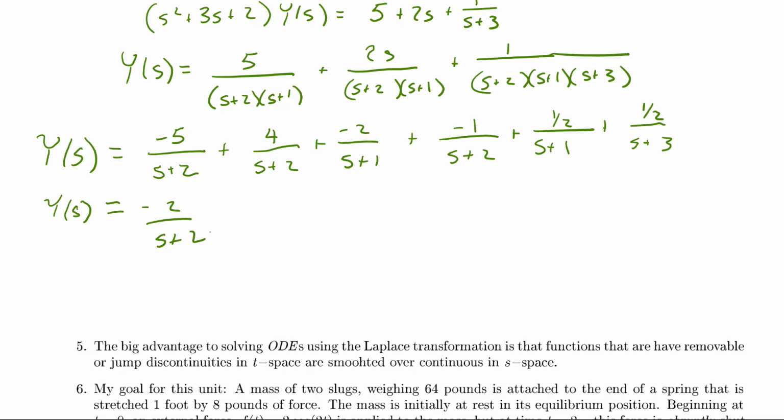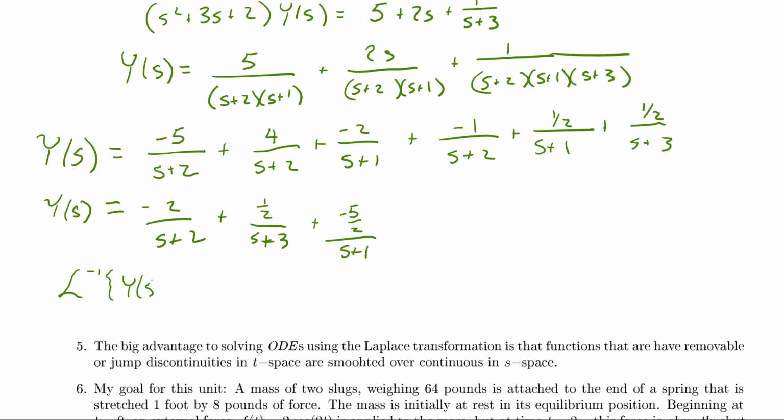And we've just got a single s plus 3 term, so let's just do that, 1/2 over s plus 3. And then if we combine together the s plus 1 terms, I get negative 3 plus 1/2, so that's negative 6/2 plus 1/2, which is negative 5/2 all over s plus 1. And now we're ready to take the inverse transform of both sides.